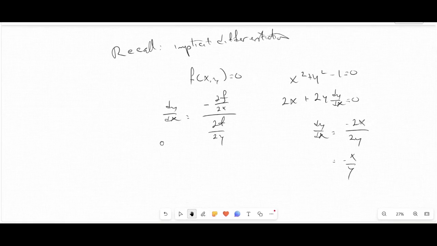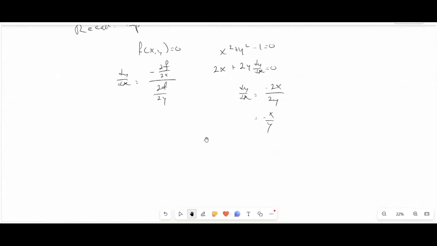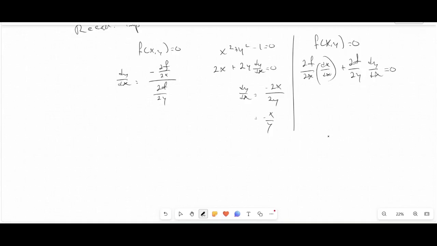But this is exactly the same thing as recognizing that this is a function set equal to 0, right? That's some function of two variables. And if you differentiate, now I can use the rules that we just saw. You get this. I'm differentiating with respect to x here. This is just 1.